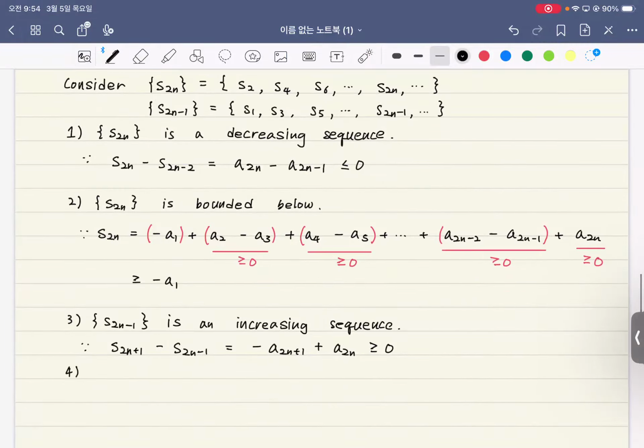And number 4, this subsequence is bounded above.